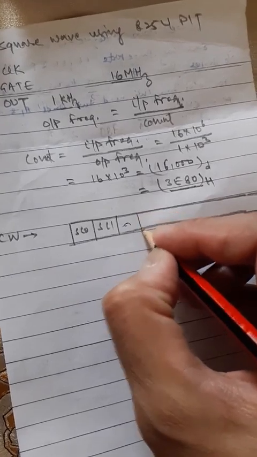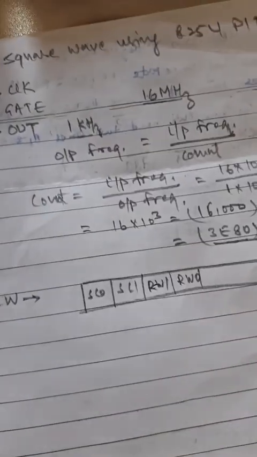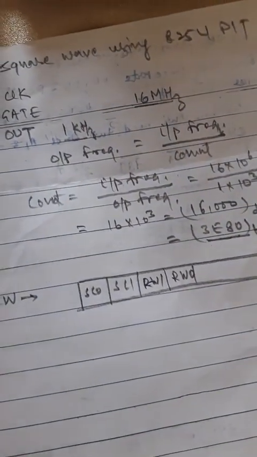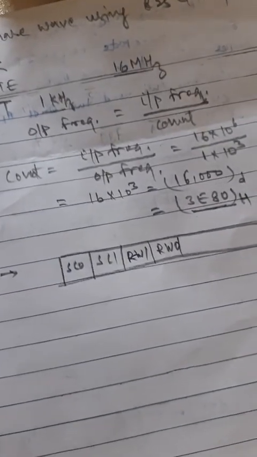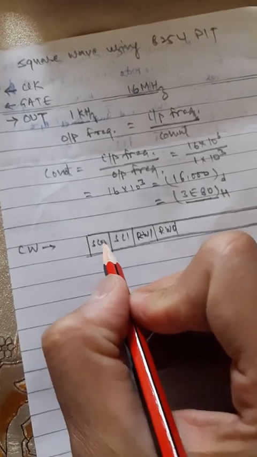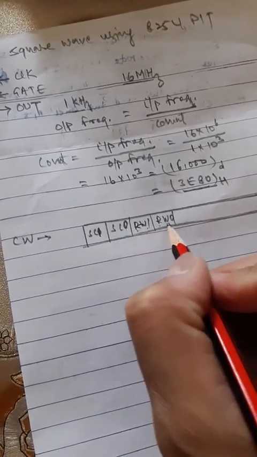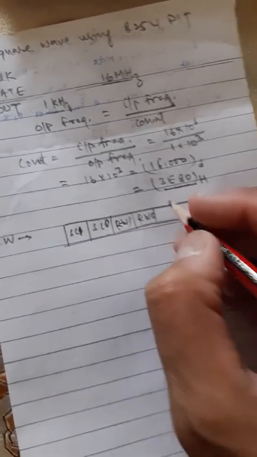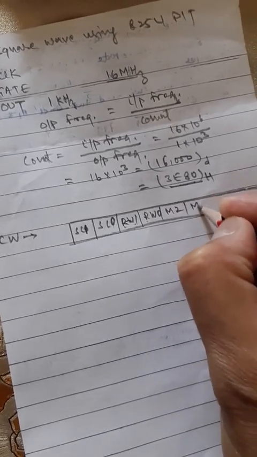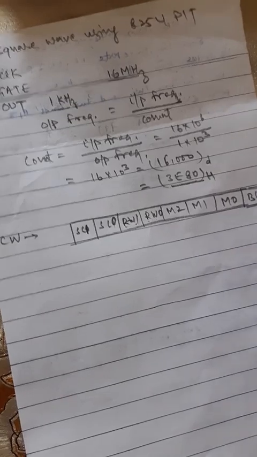The next two bits are read write 1 and read write 0. Then 3 bits for deciding the mode, M2, M1 and M0, and the last bit is for BCD.